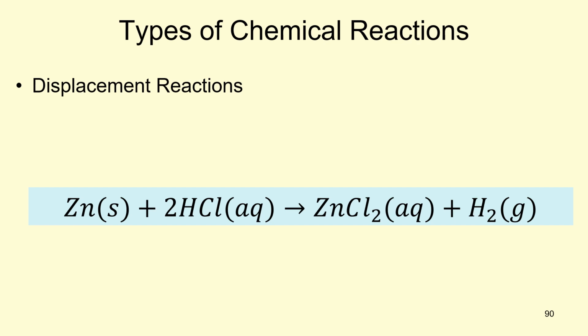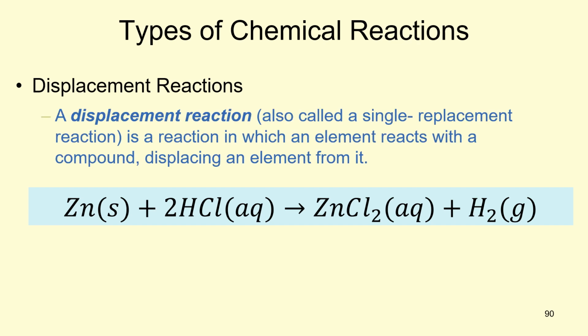Okay, displacement reactions. Like I said, you can have either a single displacement, but a displacement reaction is one thing replaces another or displaces another. So a single replacement or single displacement reaction is a reaction in which an element reacts with a compound and the element gets displaced. So you can see here, zinc is all by itself.